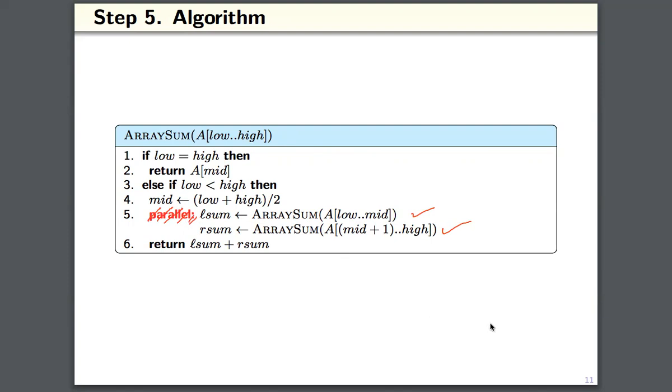Or just by adding one keyword and running these two calls in parallel, you get a lot of speedup. But for running these kinds of parallel algorithms, you will need a special compiler, a parallel compiler. Normal serial compilers will not work.